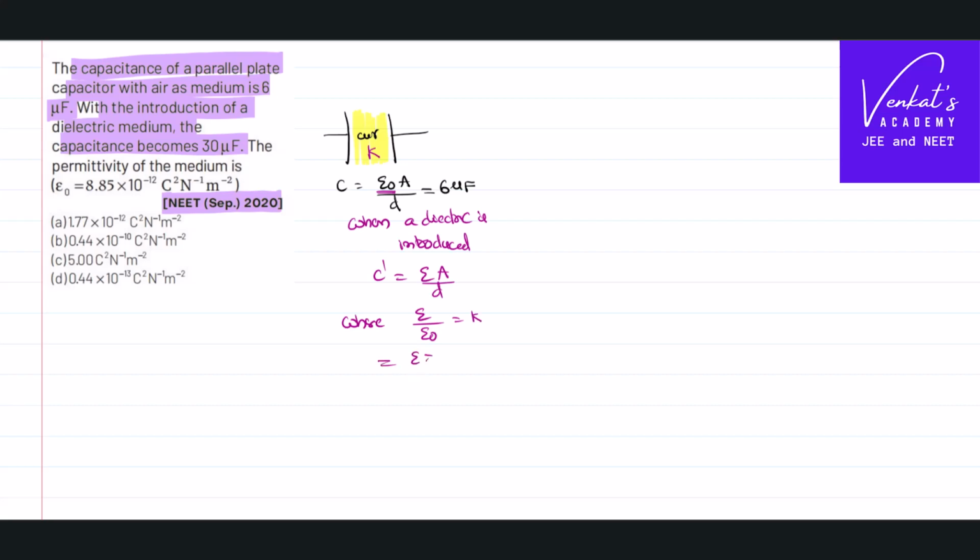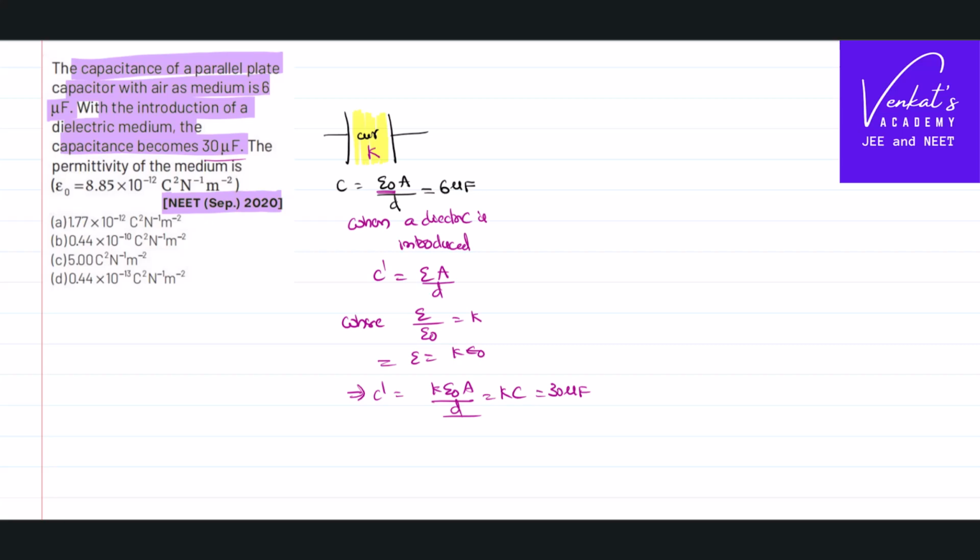So in place of epsilon, you can write K epsilon naught. That implies C dash becomes K epsilon naught A by D. That is K times epsilon naught A by D, which is nothing but K times C. This C dash is given in the problem as 30 microfarad.